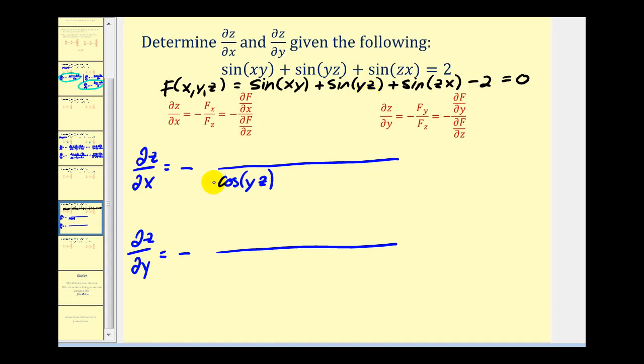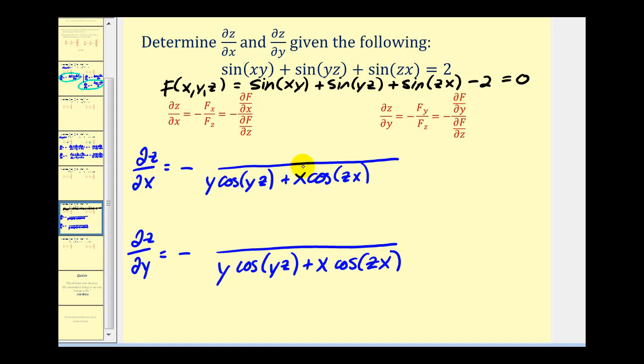I'll go ahead and put the y in the front, plus the derivative of sine zx, so we're going to have plus cosine zx. Again, we're going to find the derivative with respect to z, so the derivative of zx would give us x, so we'll write the x up here. The derivative of 2 would be 0. And again, our denominators are the same, so we have y cosine yz plus x cosine zx.